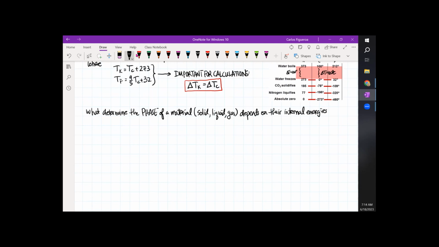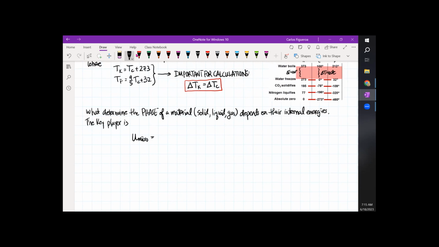So the key player is micro potential energy.